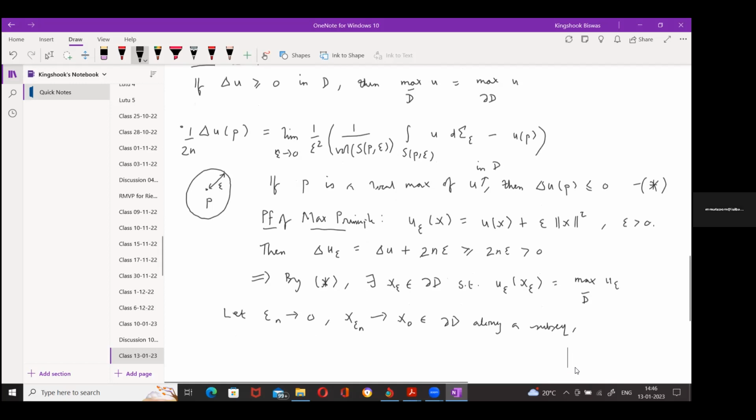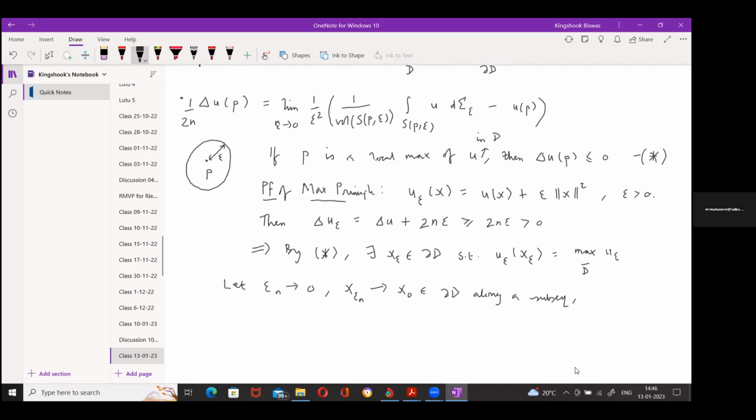And then since the x epsilon n's are the maxima of u epsilons, and the u epsilons converge uniformly to u, that implies that u of x naught is the maximum of u over D closure. Okay, so the maximum is attained on the boundary. Is that clear?